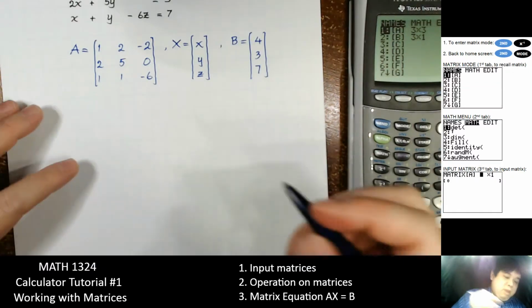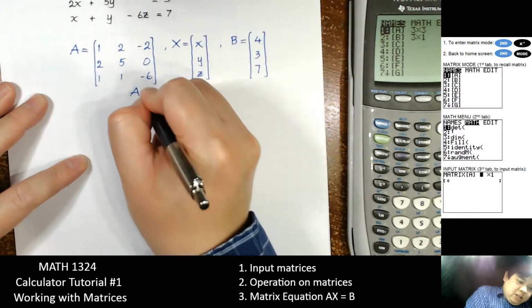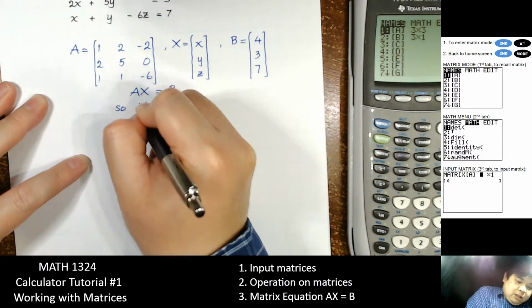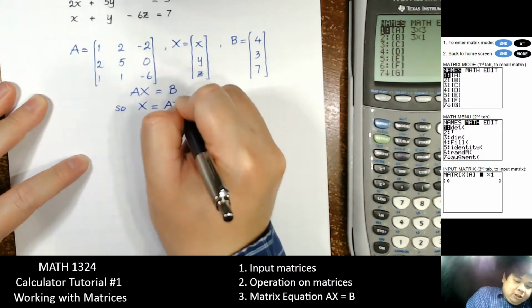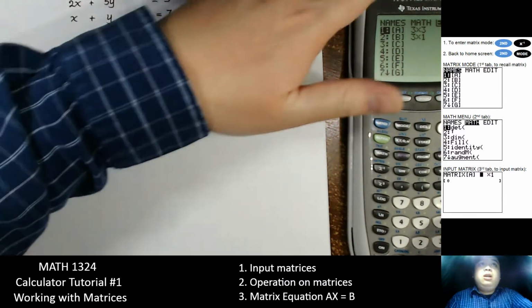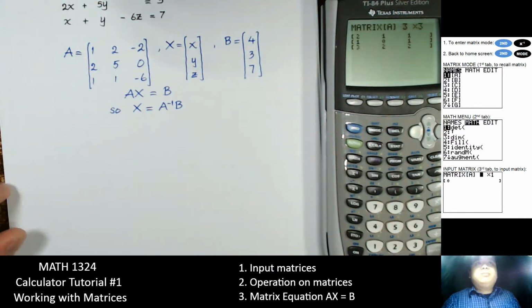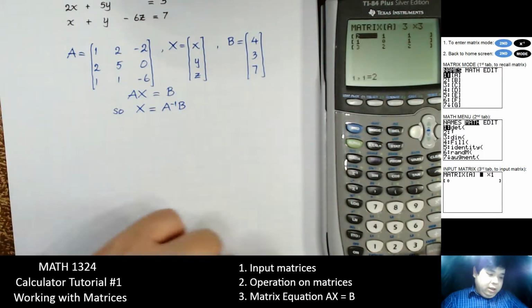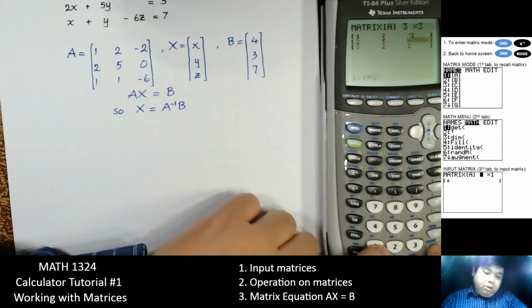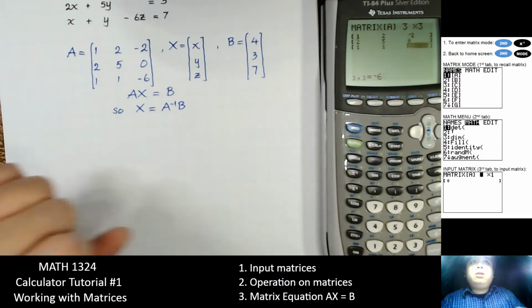Once again, the matrix equation AX equal to B, so X equal to A inverse times B. So we put in the matrix A, 3 by 3: 1, 2, -2, 2, 5, 0, 1, 1, -6.